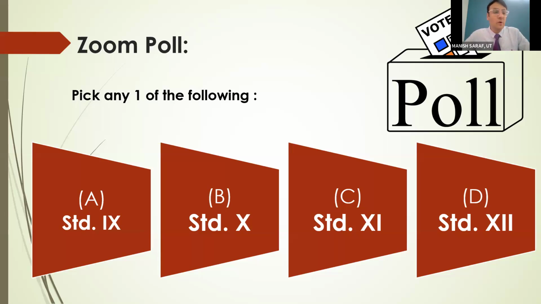Sir, please prompt the audience as you conduct this poll. Yeah, please give the poll. It is open. Please select the right year which you are in. Okay, 2 more seconds.